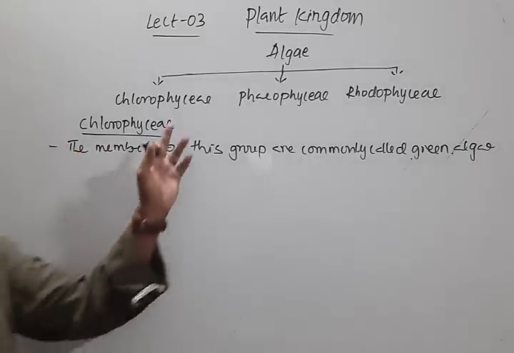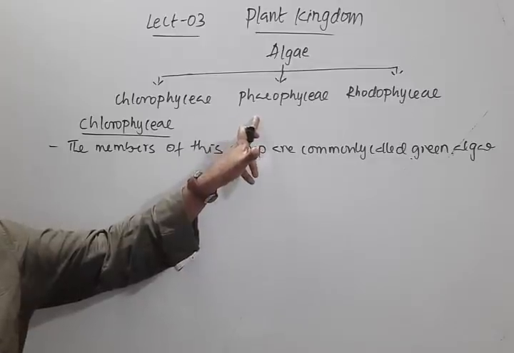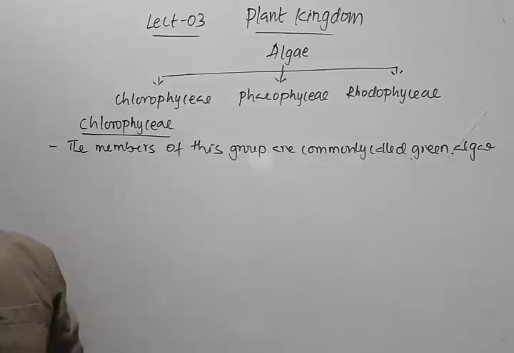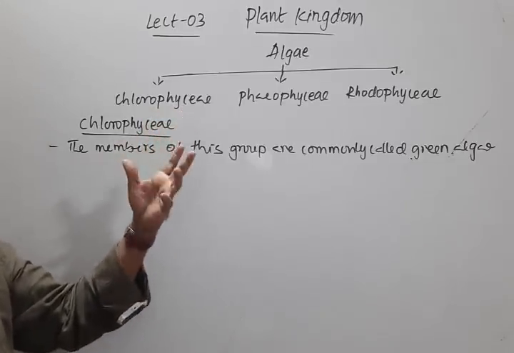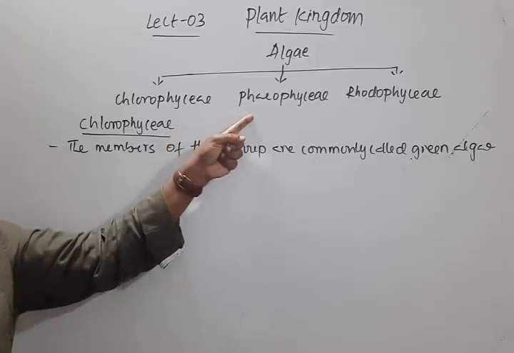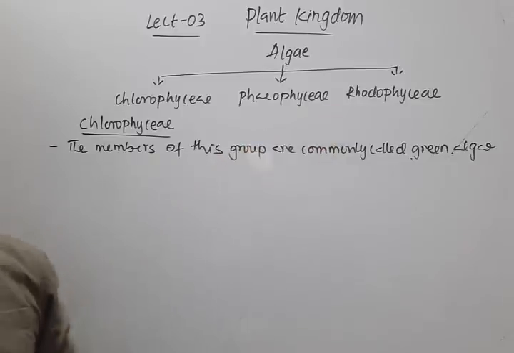Chlorophyceae are called green algae, whereas Phaeophyceae are called brown algae, and Rhodophyceae, the red. It all depends on how they appear to us. Chlorophyceae appear green in color, Phaeophyceae appear brown, and Rhodophyceae appear red.